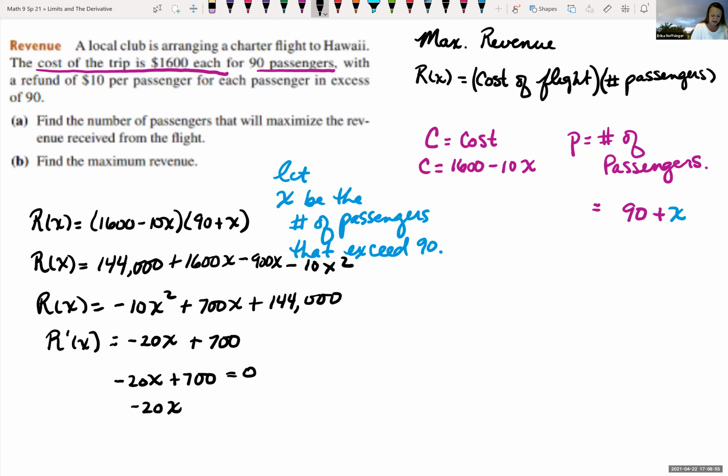So I have negative 20X equals negative 700. Divide both sides by negative 20, so 700 divided by 20 gives us 35. So I'm thinking that 35 is my number.